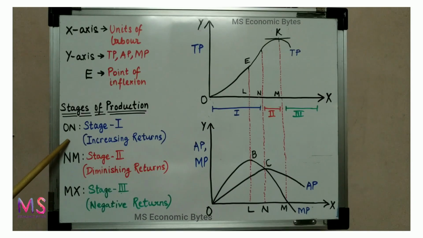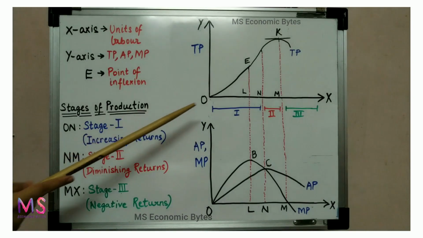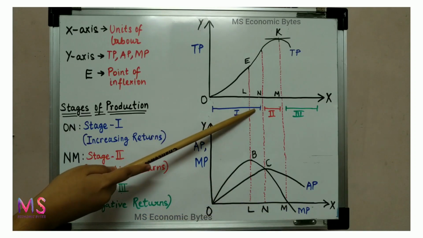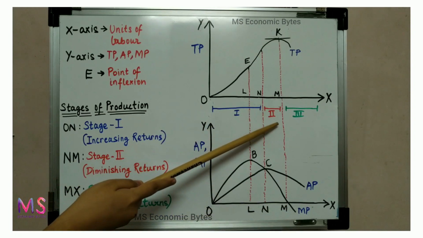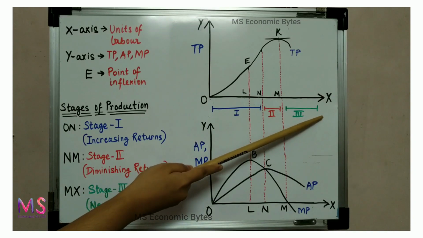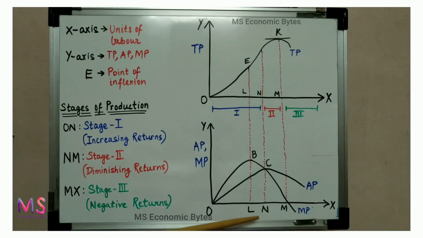Stage 1 is known as the increasing returns, stage 2 is known as the diminishing returns, and stage 3 is known as the negative returns. All these three stages are shown on the x-axis of this diagram. ON, stage 1 increasing returns, NM, stage 2 diminishing returns, MX, stage 3 negative returns.